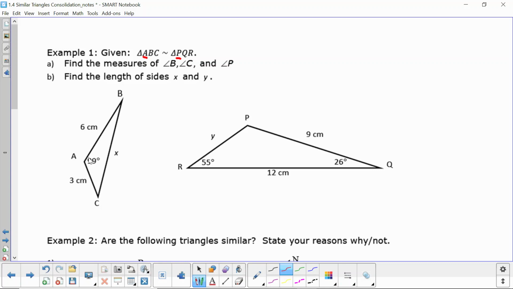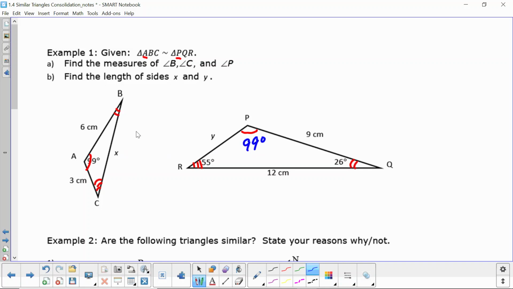Angle A corresponds to angle P, angle B, use double arc, equals angle Q, and angle C, triple arc, equals angle R. It asks you to find the measures of angle B, angle C, and angle P. Angle A equals 99, so angle P equals 99 degrees.